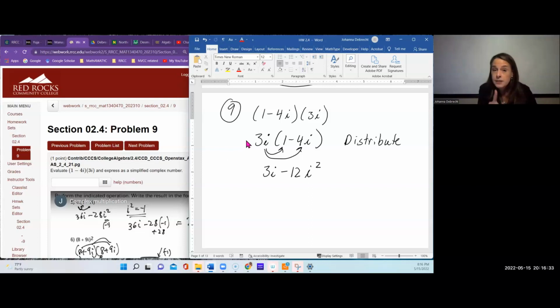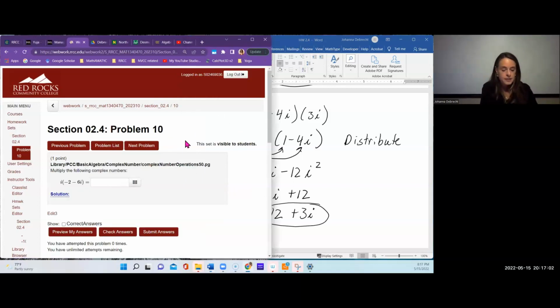But we know I squared is a negative 1, so it changes the sign of that term, and it becomes 3I plus 12, which is backwards to the way we normally write a complex number. So then we rewrite it as 12 plus 3I in the correct order. Real part plus or minus the imaginary part multiplied by I.